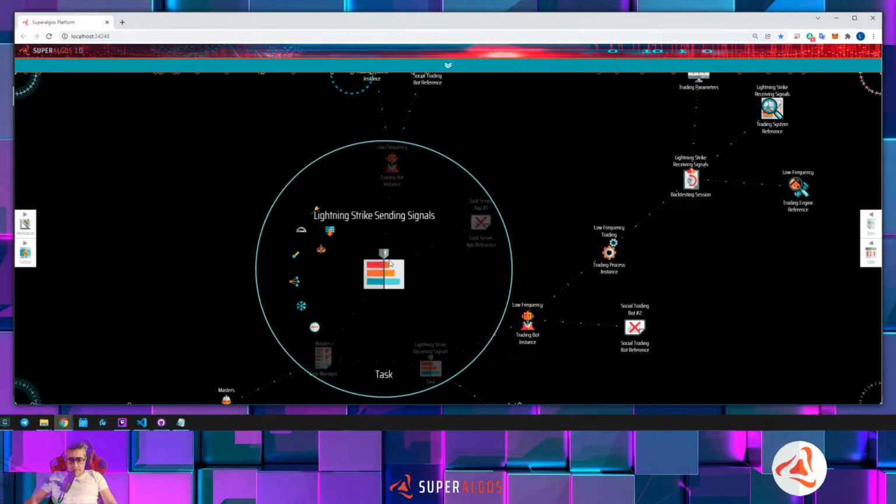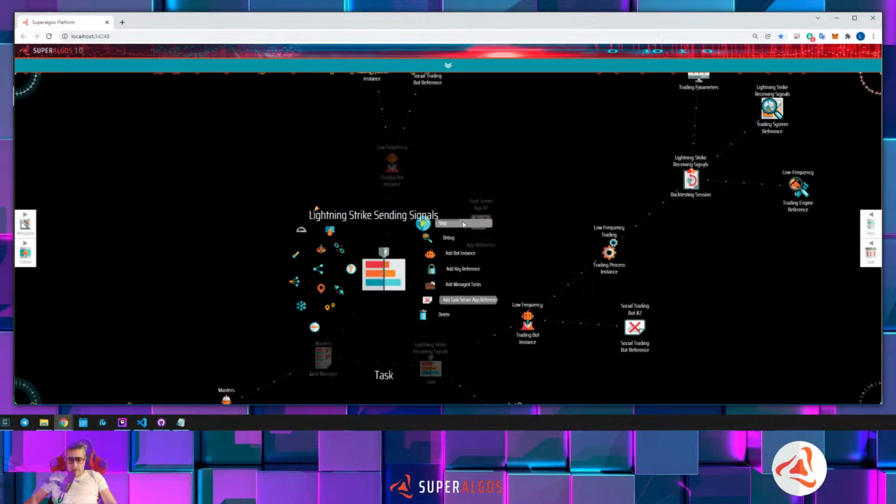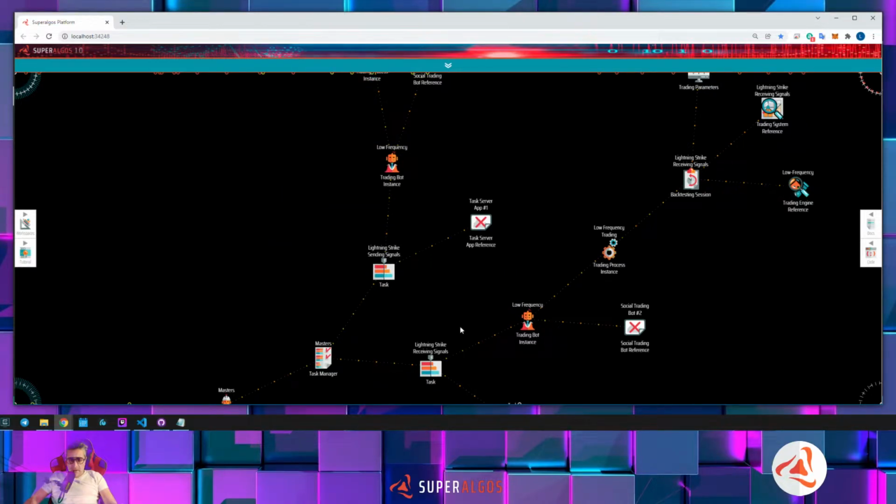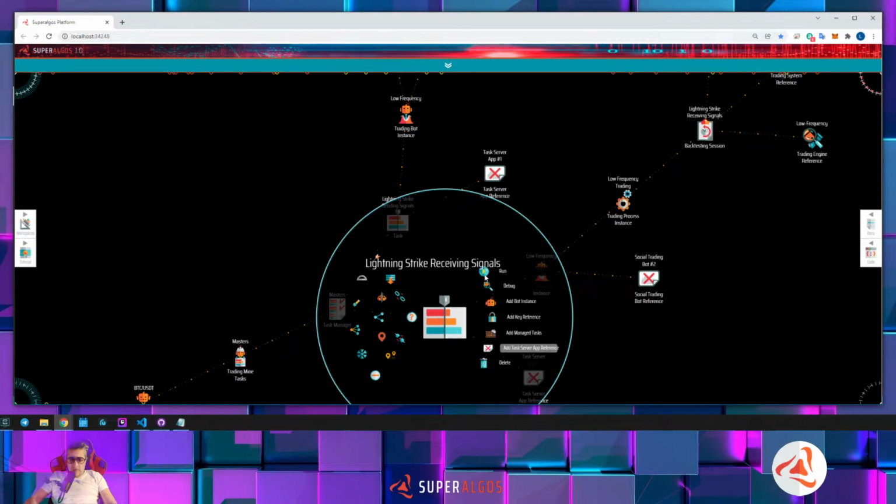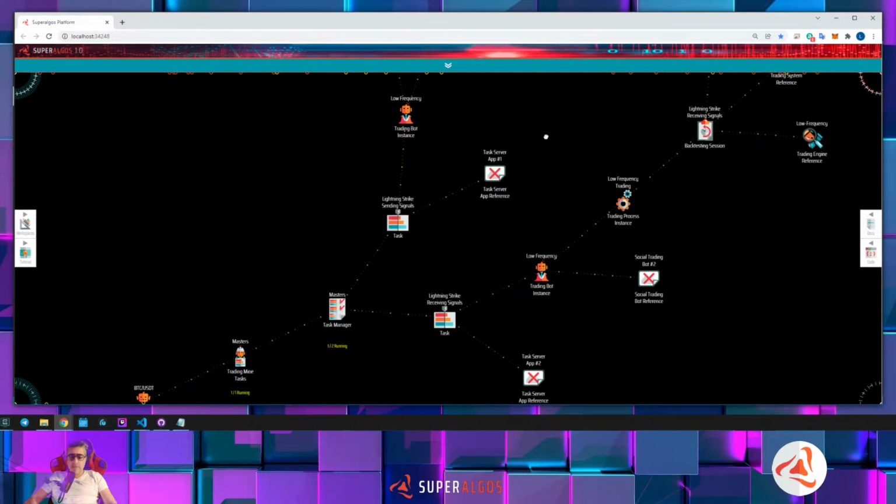Let's see if it's ready to run. Yes. And this one should be ready to run. Yes.